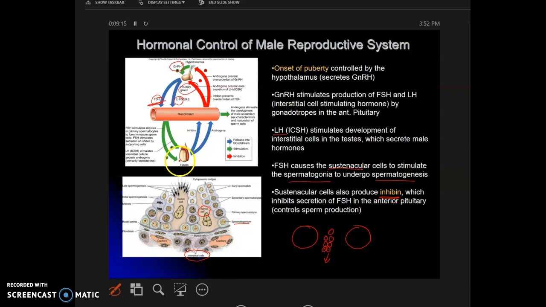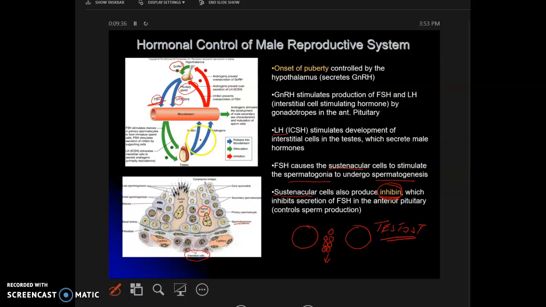So immediately, as it is producing the sperms, the sustentacular cells are also producing another hormone called the what? Inhibin. All right. And the testosterone is there too. What is testosterone doing? We'll see that in the next slide. But basically, testosterone is increasing what? Libido. All right.